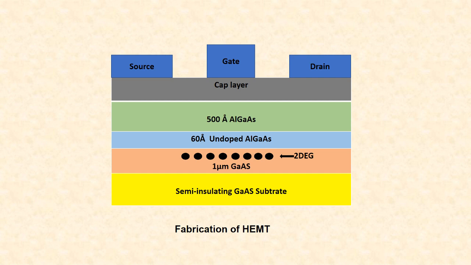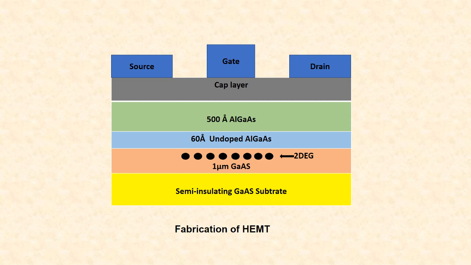Next, a very thin layer between 30 to 60 angstroms of intrinsic aluminum gallium arsenide is set down. The main purpose of this layer is to ensure separation of the heterojunction interface from the doped aluminum gallium arsenide. This is essential for achieving high electron mobility.